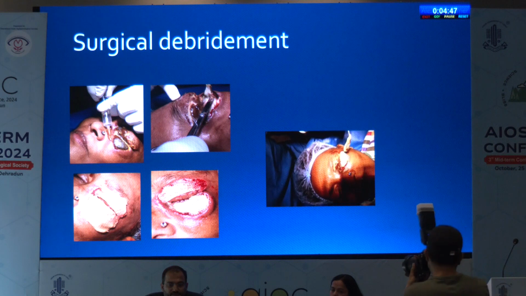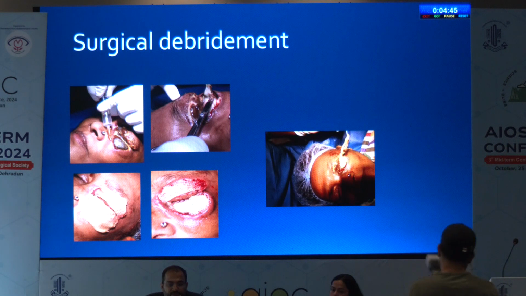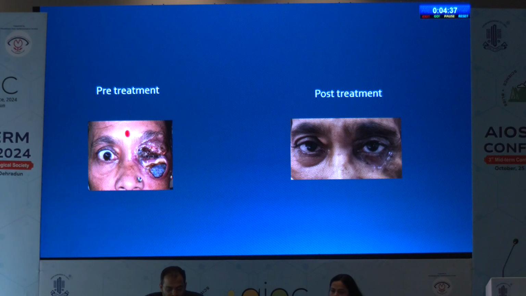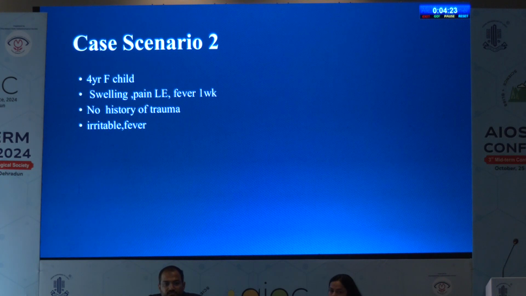Then we told the patient that we needed grafting, but unfortunately the patient refused any further surgery. After 1 month, the patient came back, and this was the picture at 1 month. There's not much deformity except slight lower lid ectropion in the left eye. The patient refused any grafting.